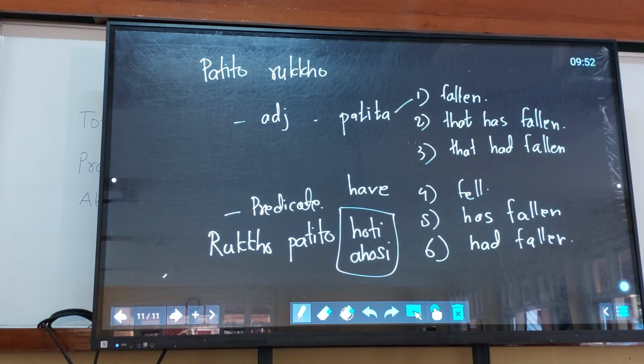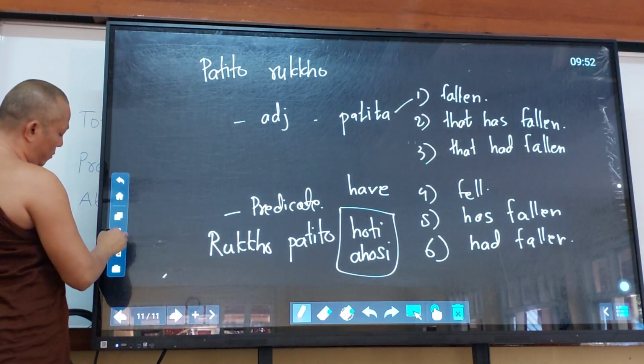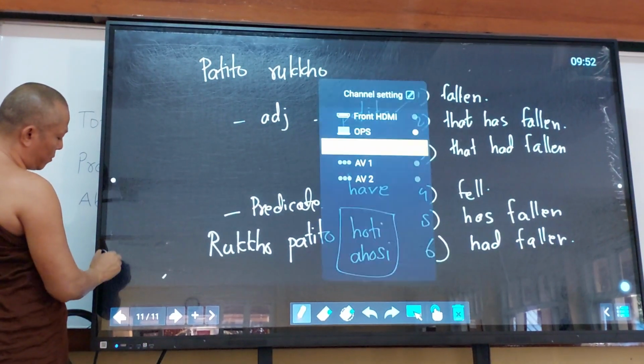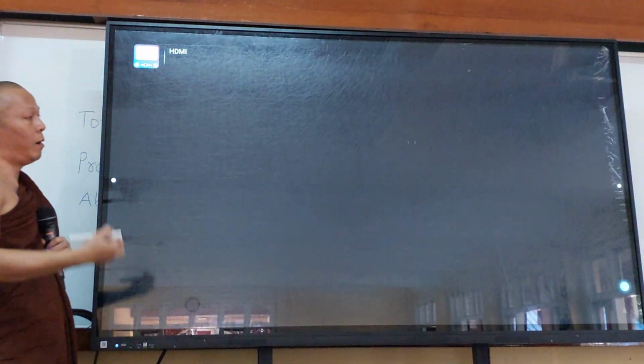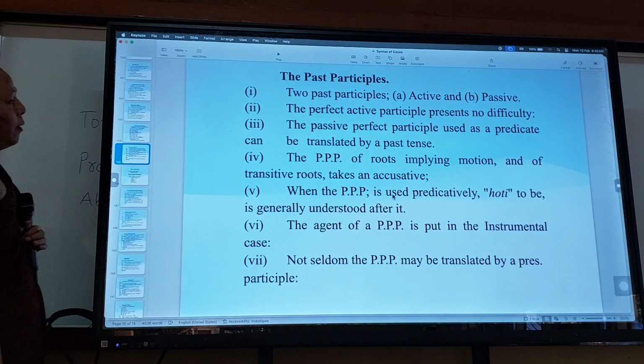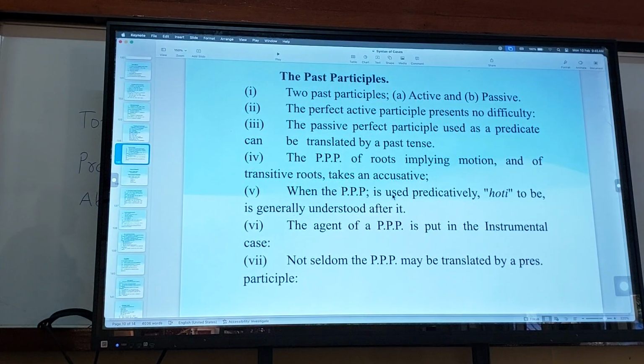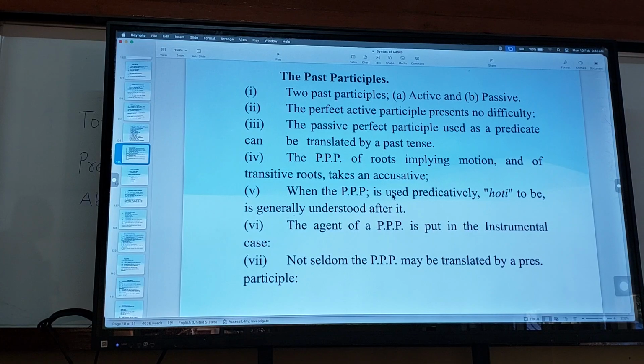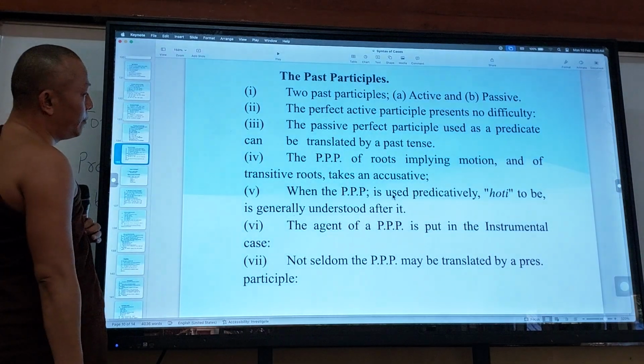So that is number 3. Passive perfect or passive participle used as a predicate can be translated. So using as an adjective also has 3 ways, and using as a predicate also has such 3 ways to be understood.